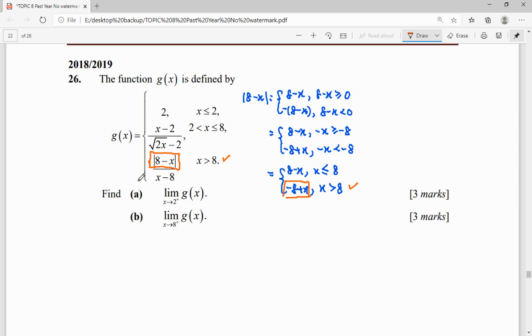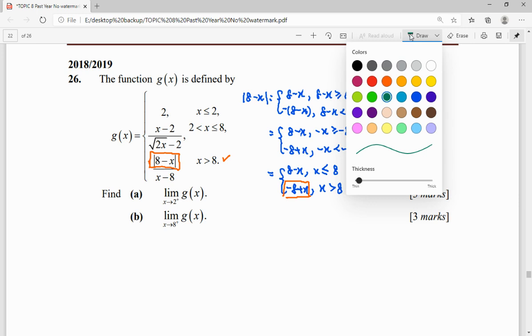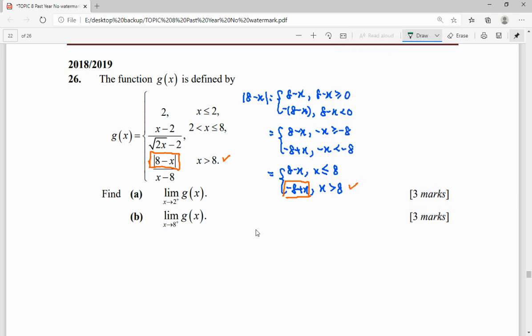For question A, they ask us to find the limit of g(x) when x approaches 2 from the right hand side. Question B asks for the limit of g(x) as x approaches 8 from the right hand side. Before we solve this, we draw out our intervals so that we can visualize our function clearly.